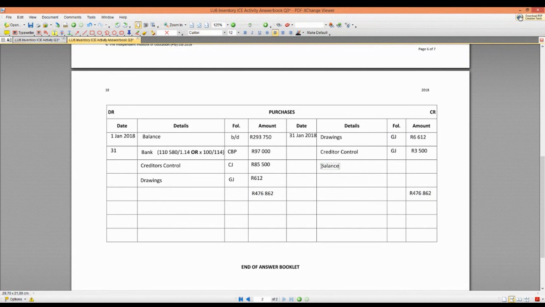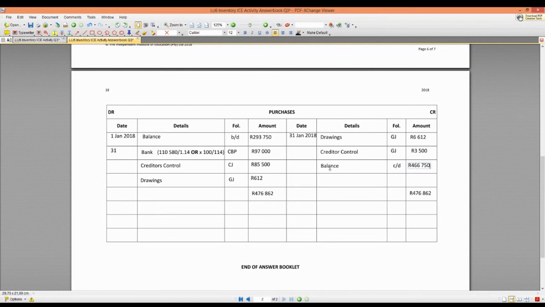So we will have to balance this account. So you write here balance, carry it down, and then we fill in the difference. Now, if you deduct those two amounts, you should get to 466,750. Okay, that's what you should get to.